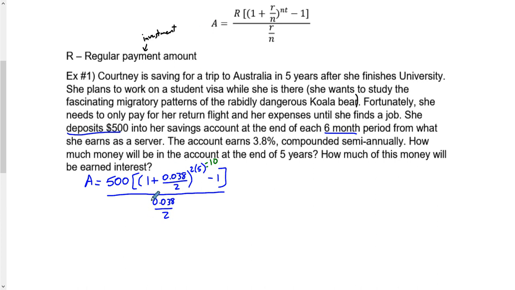What some people may need to do in their calculators is put this into brackets so that it all actually works out. As long as you put in enough brackets, you are able to type all of this straight into your calculator. For example, right here, I'm going to have to put 2 brackets.